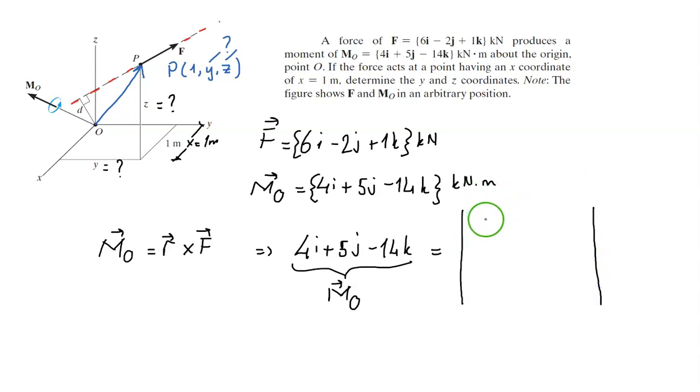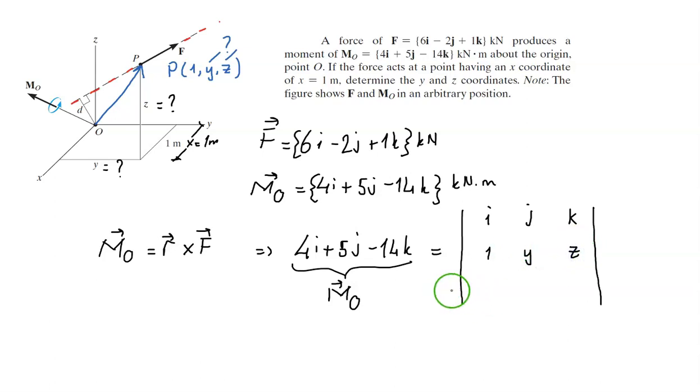That matrix includes i, j, k in the first row, and the second row includes the x, y, z components of the position vector: 1 minus 0, so 1, y minus 0, so y, and z minus 0, so z.